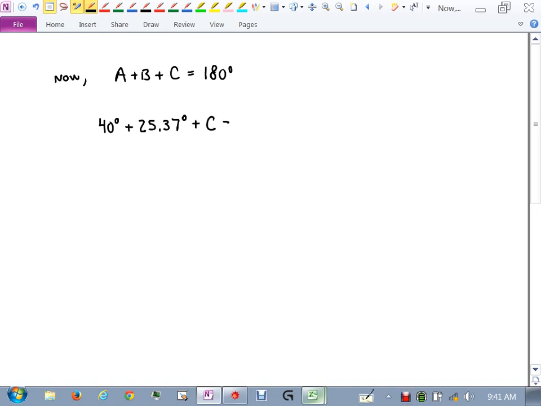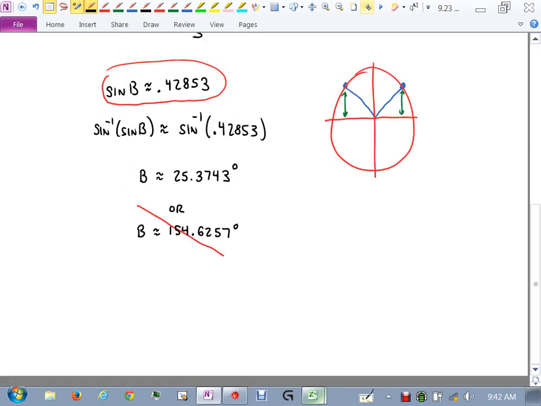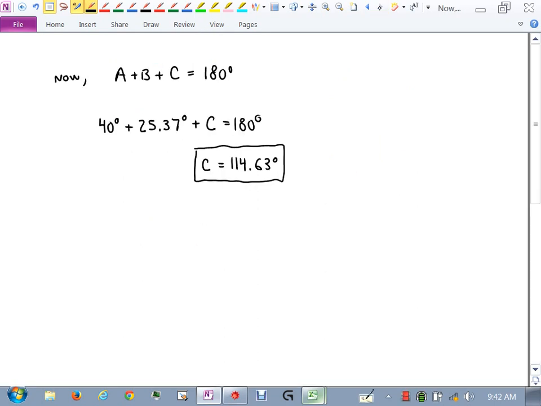And then plus C must be 180. So just do some subtraction there. C is 114.63. All right, I boxed it. I should have boxed my capital B back here. Questions?